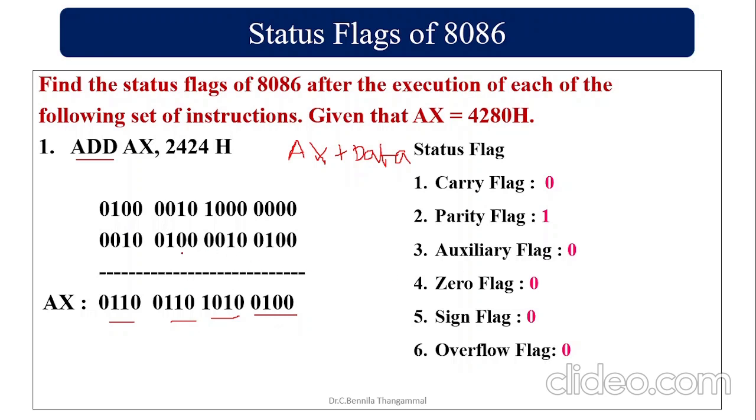This is a normal hexadecimal addition, not a BCD addition, so the auxiliary carry flag is 0. And the zero flag: since the output is not equal to 0, the zero flag is 0. Sign flag: your D15 is 0, so your sign flag is 0. Then the data is 16-bit data, so your overflow flag is also 0.